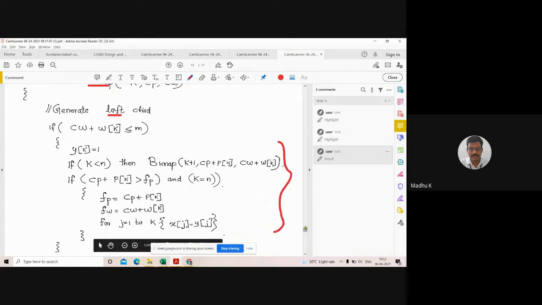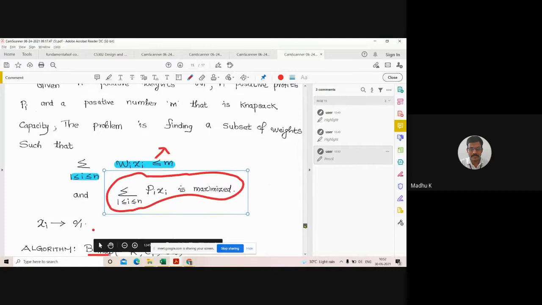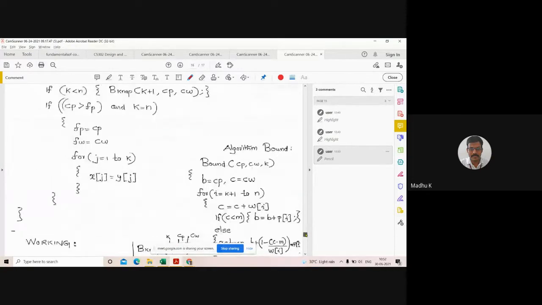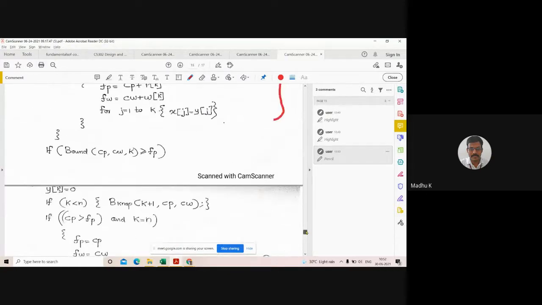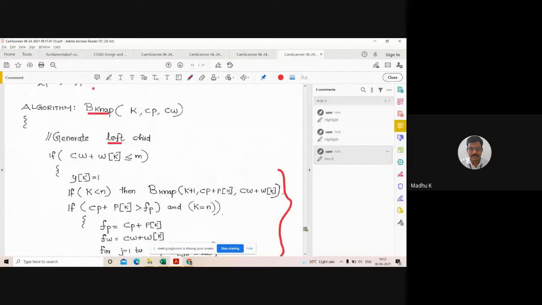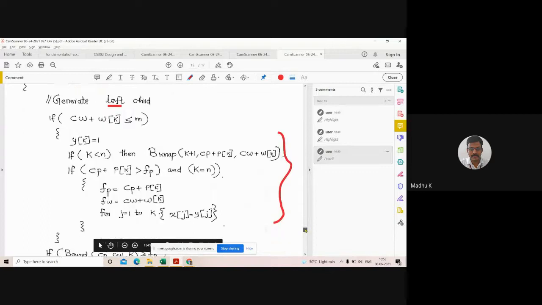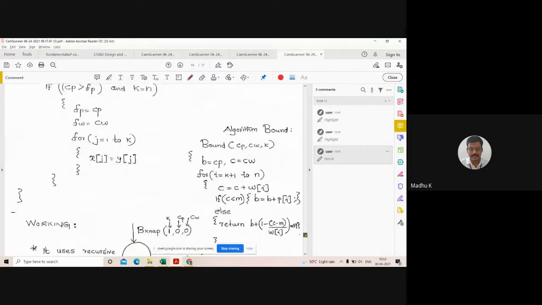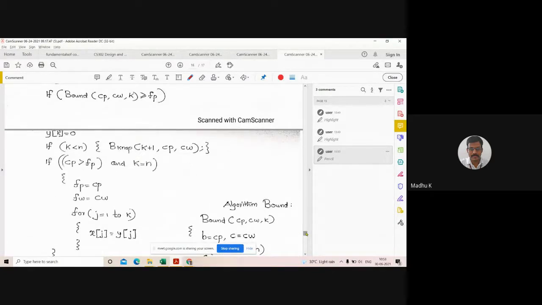And next, if that condition is not satisfied, what will we do? Then the next is we will do this one. You can note here there is another if.